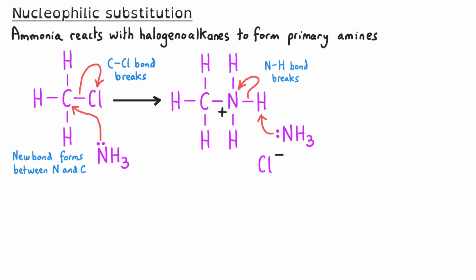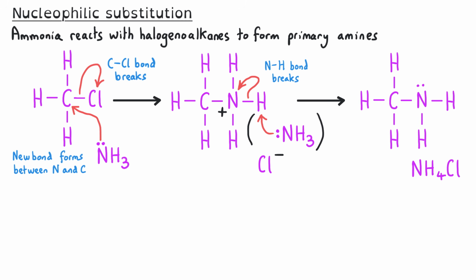You're not normally required to show this curly arrow, but if you do, it needs to be an ammonia molecule removing the hydrogen atom. And this is because we normally carry out this reaction with an excess of ammonia. After this step, we get our final products, which in this case would be methylamine and ammonium chloride.